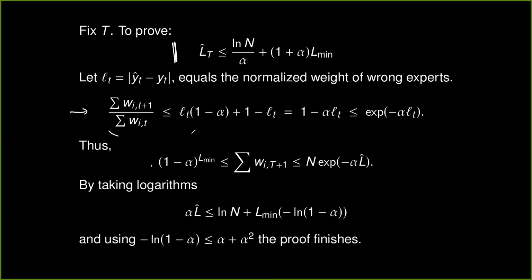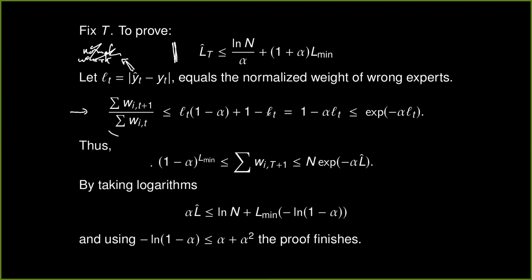So, LT: all experts that made bad predictions, their weight gets decreased by factor 1 minus alpha. And we know that LT is equal to the normalized weight of bad experts. Wait, my pen is not working, but you remember it. So we multiply this weight LT by 1 minus alpha. And the other experts have the same weight, which is 1 minus LT.